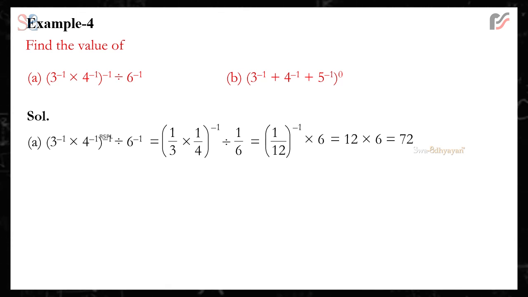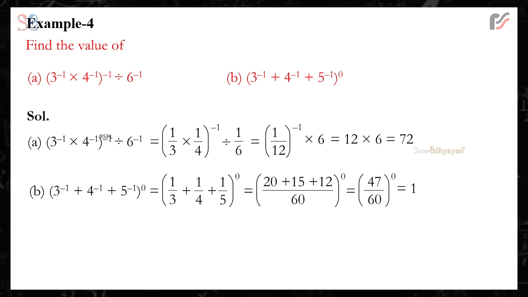A. (3^(-1) × 4^(-1))^(-1) ÷ 6^(-1) is equal to (1/3 × 1/4)^(-1) divided by 1/6, which is equal to (1/12)^(-1) multiplied by 6, which is equal to 12 multiplied by 6, which is equal to 72.